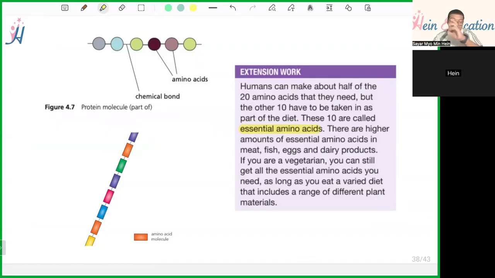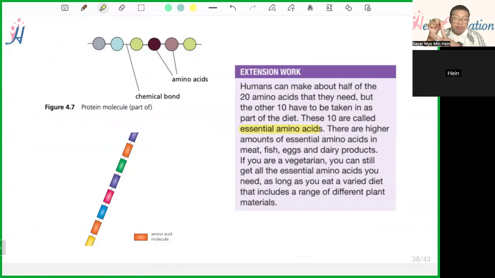Okay, I will recap one more time because protein is larger than carbohydrates and fats. Proteins are made up of the elements CHON: carbon, hydrogen, oxygen, nitrogen, and sometimes sulfur. They have subunits of amino acids joined with peptide bonds, forming a polypeptide, or a long chain of amino acids. Protein can be subdivided into structural proteins and functional proteins.